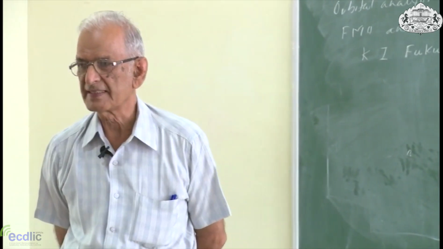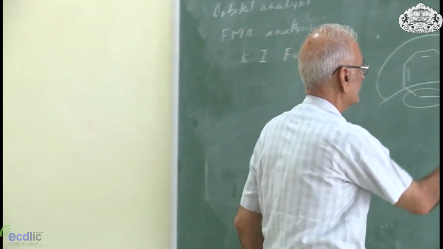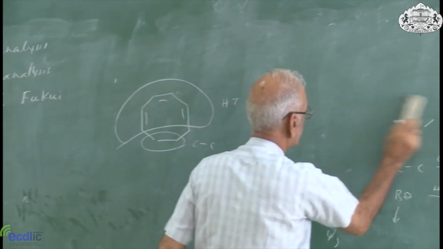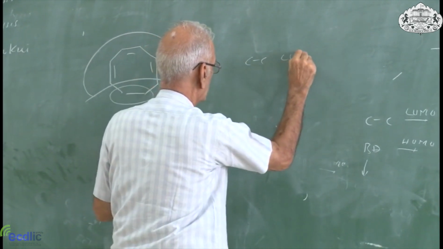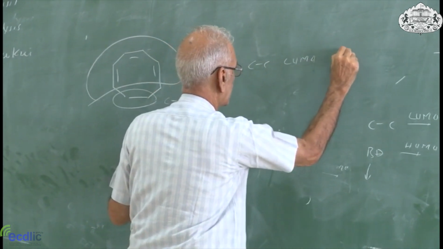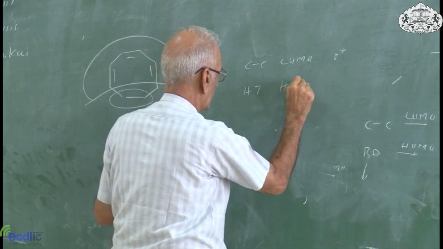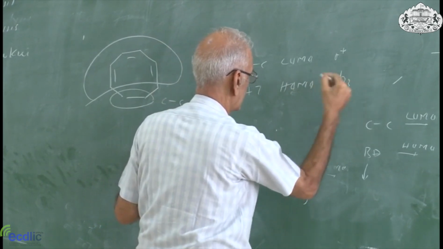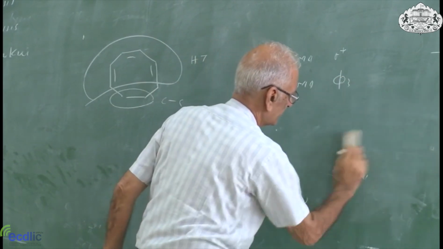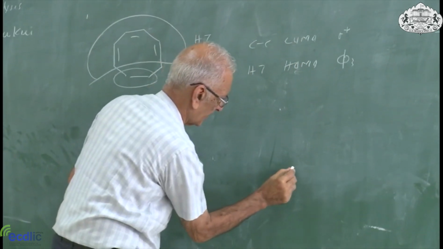This component is hexatriene. Carbon-carbon bond, LUMO, sigma star. Hexatriene, HOMO is phi 3. So, sigma star.